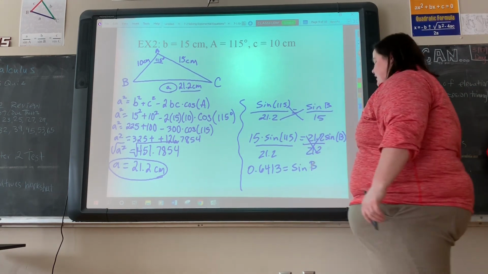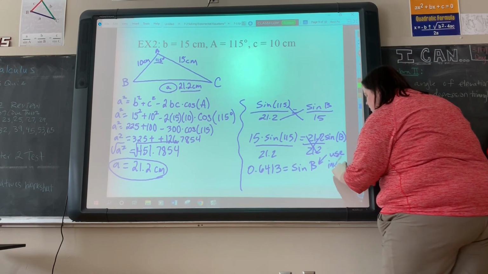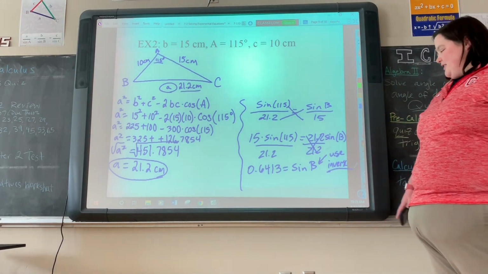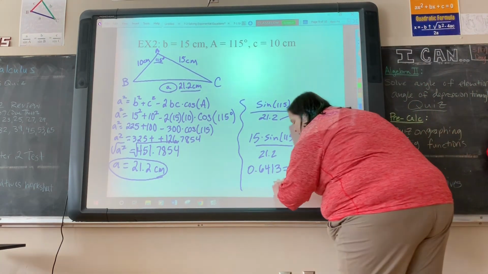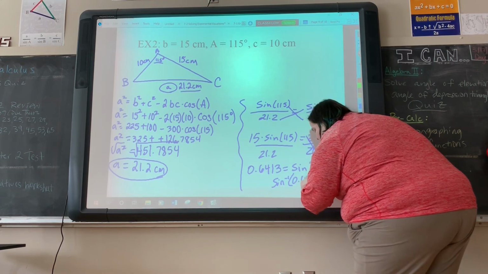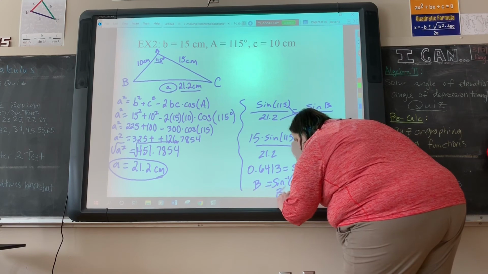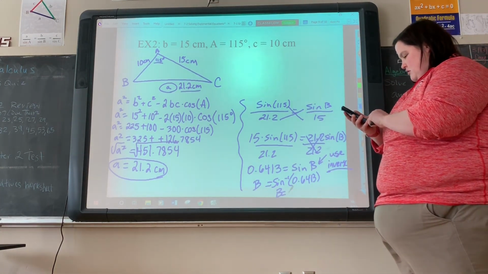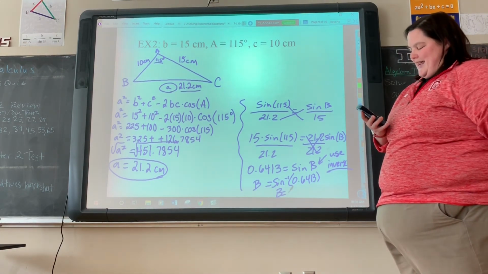Okay. And again, to solve for an angle, use inverse. So again, to find the angle, once you get to this point, I do sine inverse of 0.6413. That'll give me angle B. So that gives me 39.88.